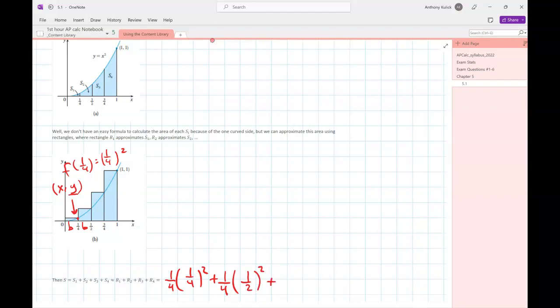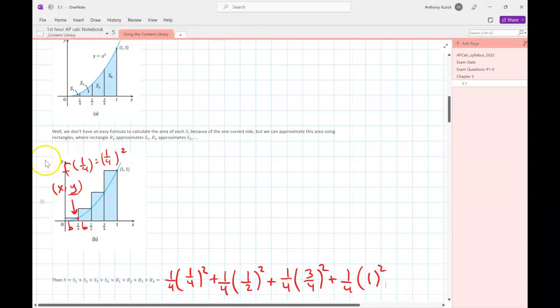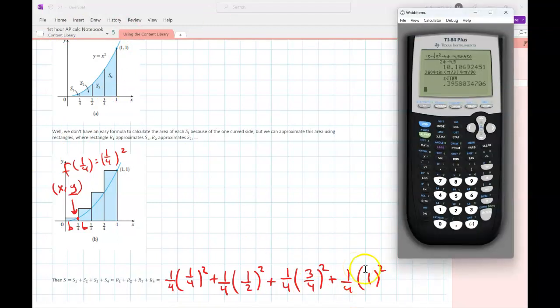Because our function is x squared. What's the next one going to be? And then the last rectangle. Let's go ahead and compute that real quick.